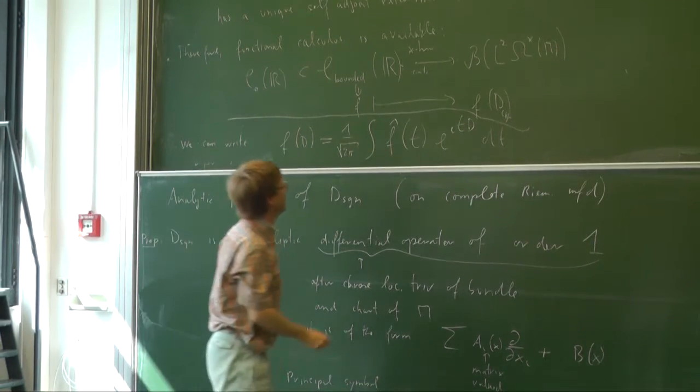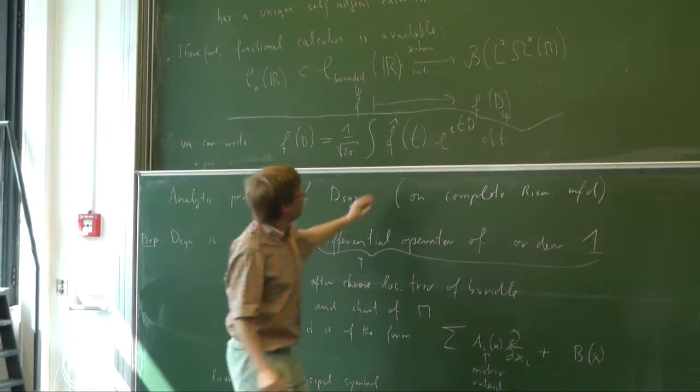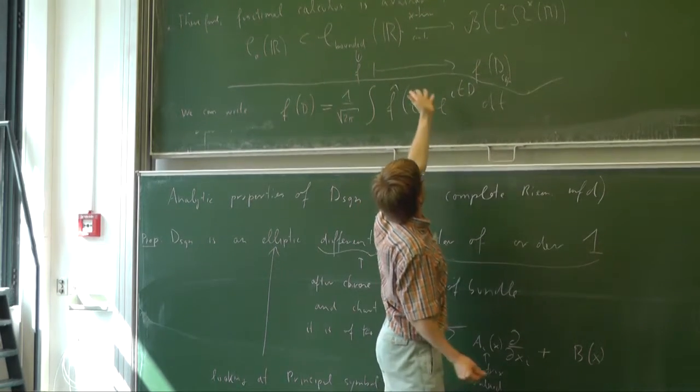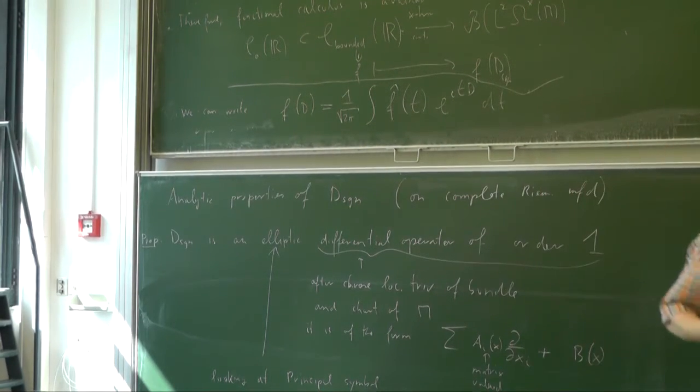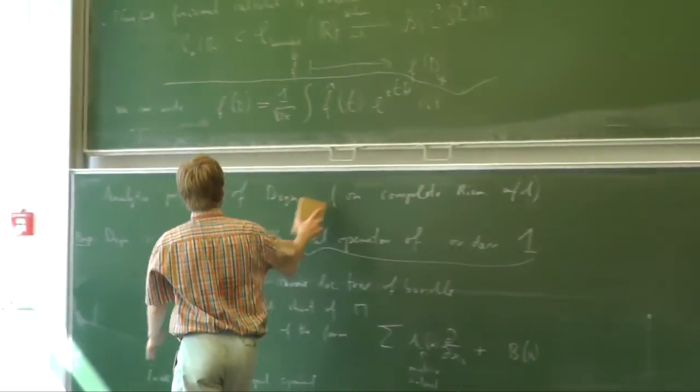Now, this gives us this mysterious operator e to the itD, which is defined because it's a function of D, a bounded function on the real line, so you don't have to worry about that one.